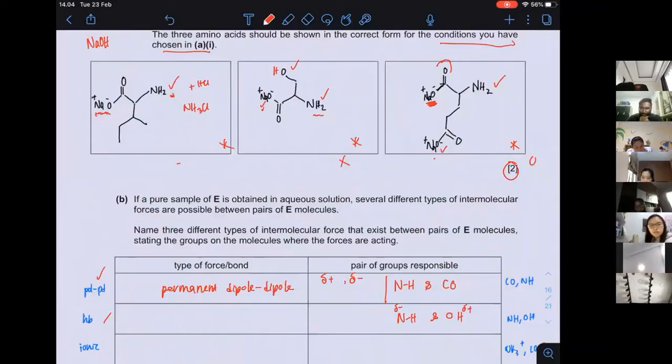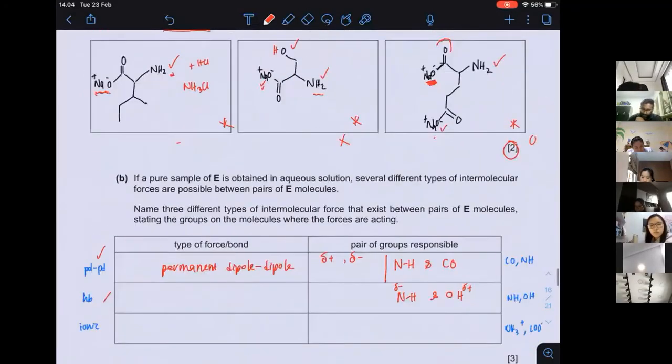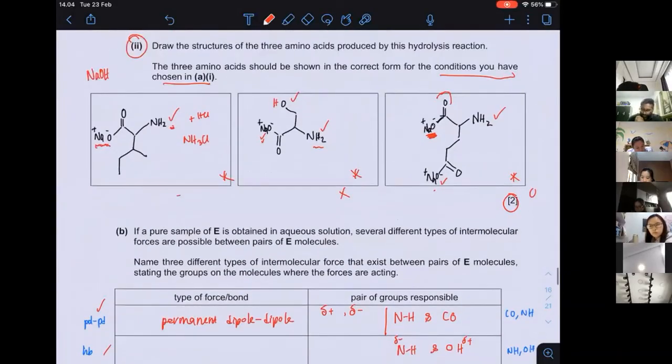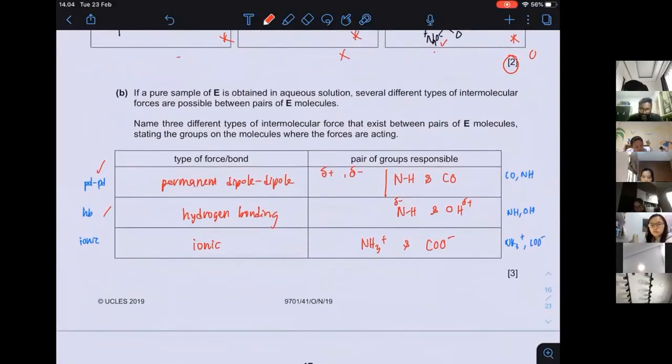Now the ionic bonding. You need to say NH3 plus and COO minus, so that is going to be another one. When they give you the marks, in order to get the full mark, you need to mention the correct pair.